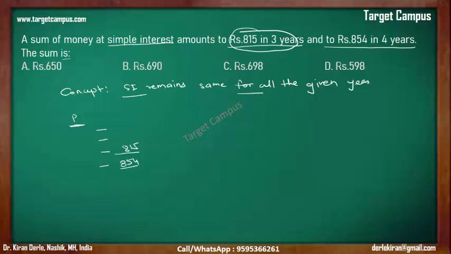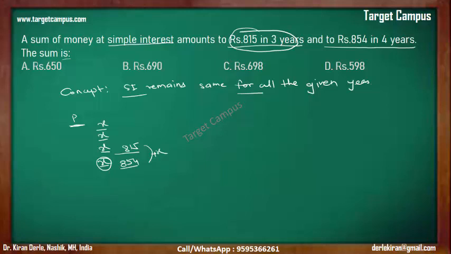So why did this increment happen? Because in this fourth year, the sum attracted some simple interest. Let's say that is X. That X must have been accrued here also, and here also.